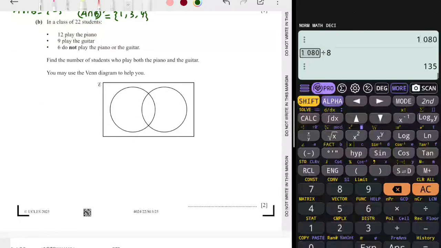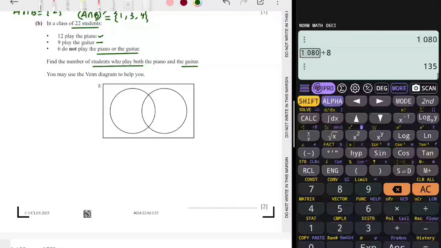In a class of 22 students, 12 play the piano, 9 play the guitar, 6 do not play the piano or a guitar. Find the number of students who play both the piano and the guitar.